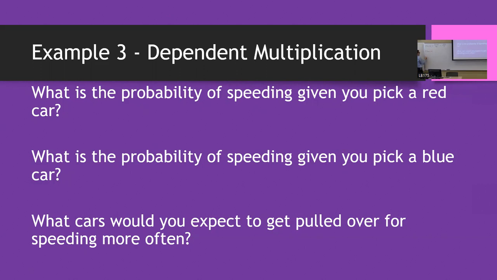And then the second says, what's the probability of speeding given that you choose one of the blue cars? And if you look at those data, answer the third question that says, would you expect more red cars proportionally or blue cars proportionally to be pulled over more often?